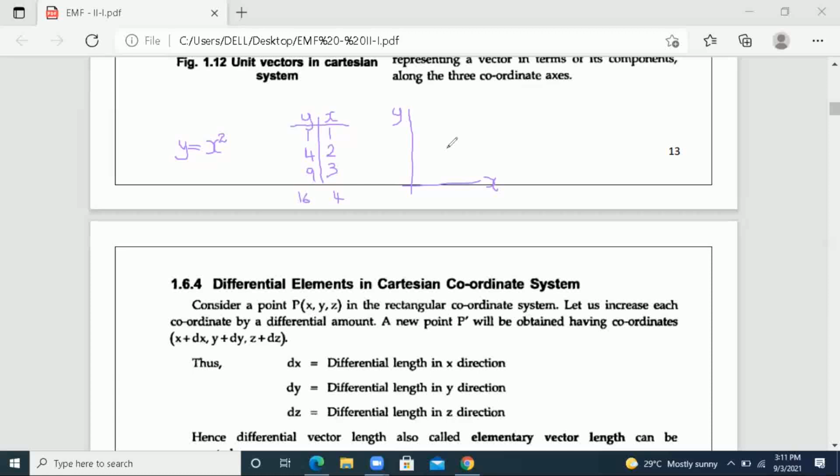What does your graph look like? It looks something like this. It looks more like a 75-degree angle.